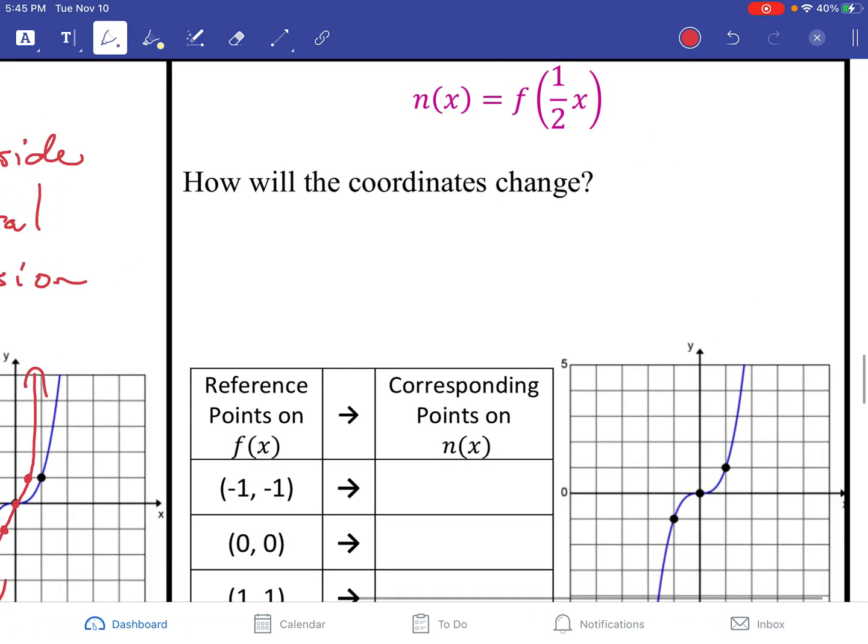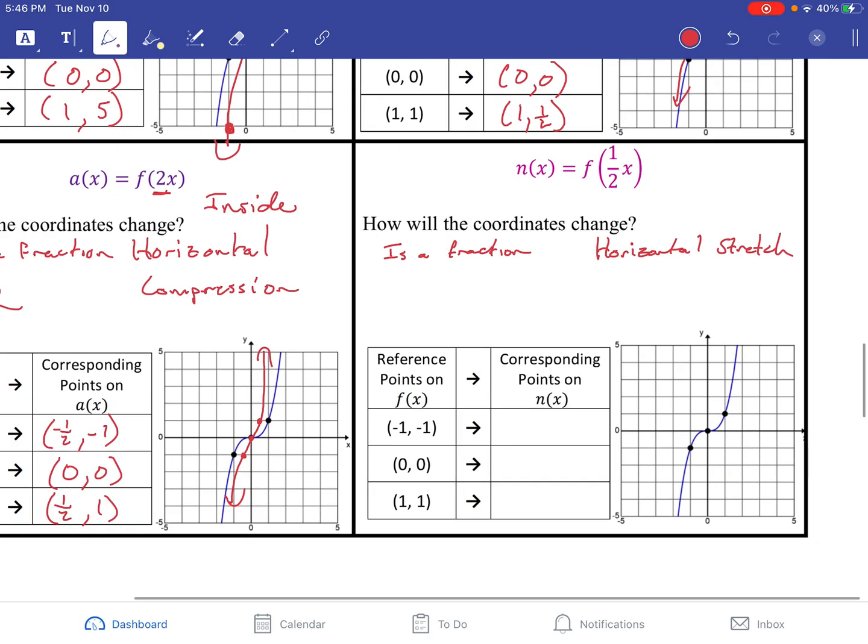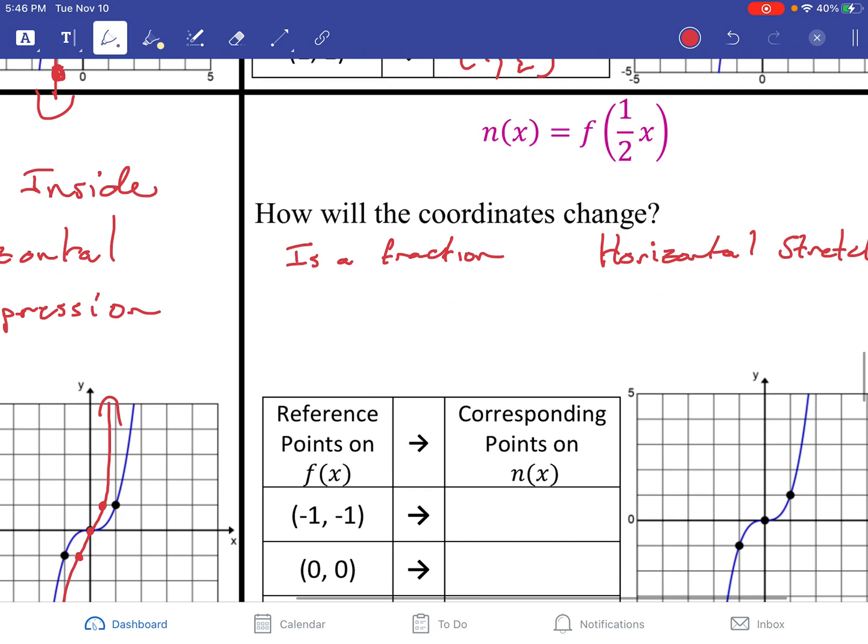All right, last one, last change. This is a horizontal stretch. Okay, this is a fraction. And this is by a factor of 2.